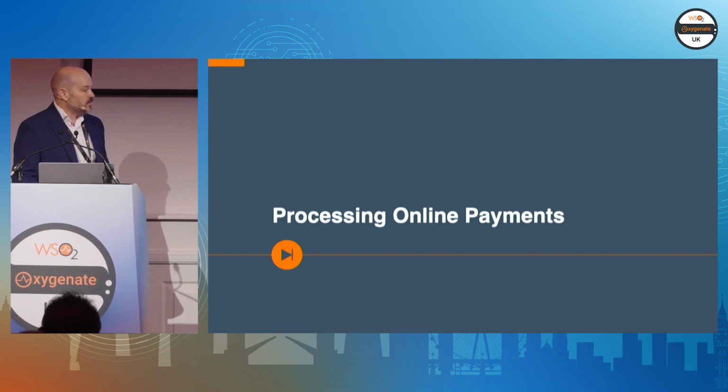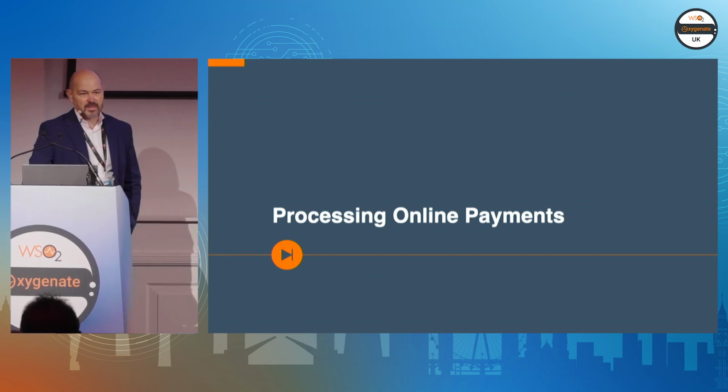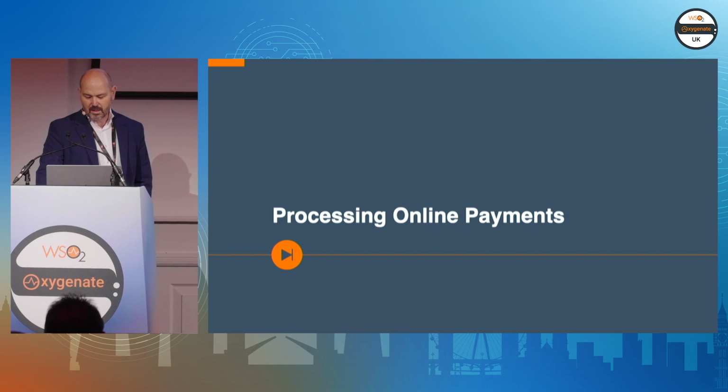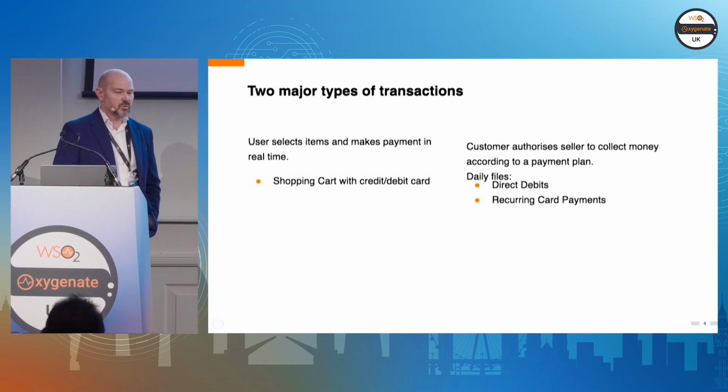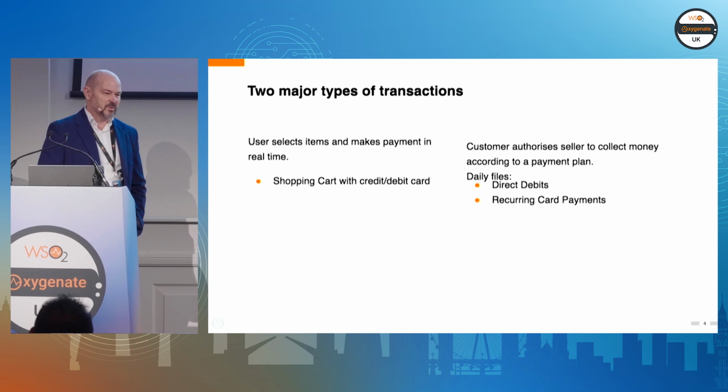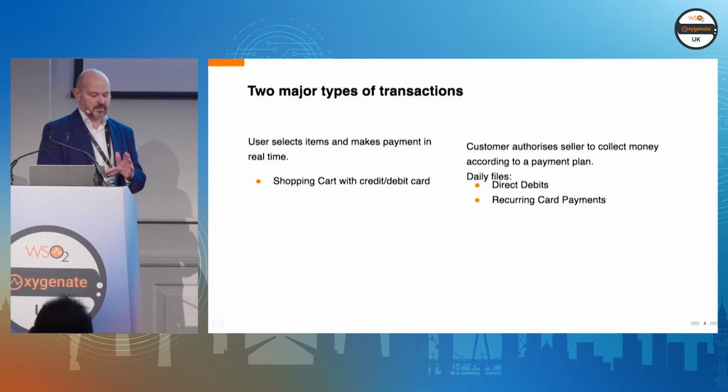So today I wanted to talk about how we process online payments, and effectively we can break that into two major types of payments, or two ways of collecting payments. First one is immediate payments, where we've got a shopping cart. You want immediate feedback.